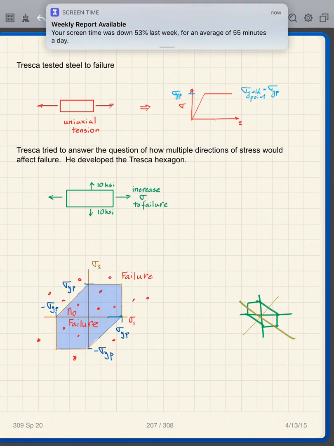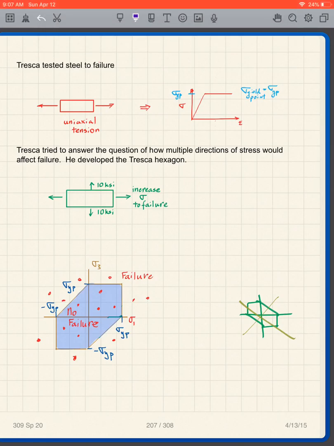The uniaxial tension test was what? You simply put it in the machine and then you kept on increasing the tension a little bit at a time until eventually you couldn't increase it anymore because the material had failed.